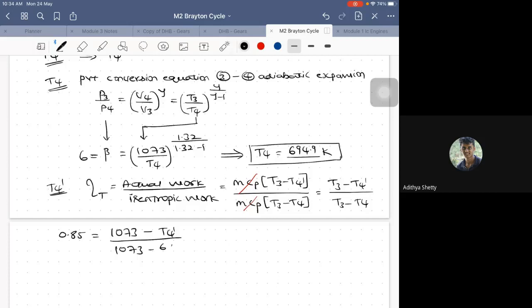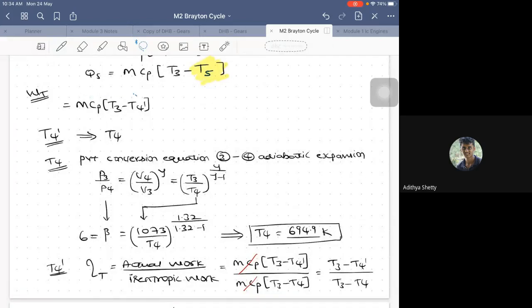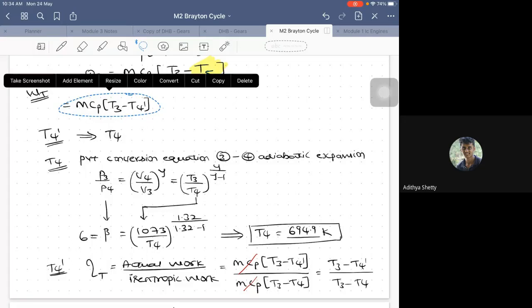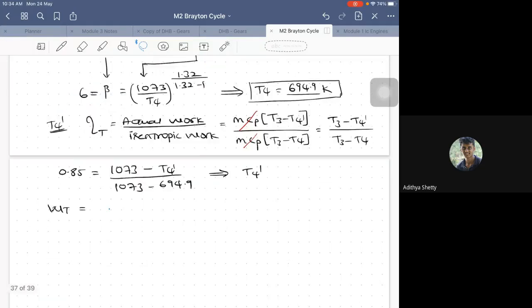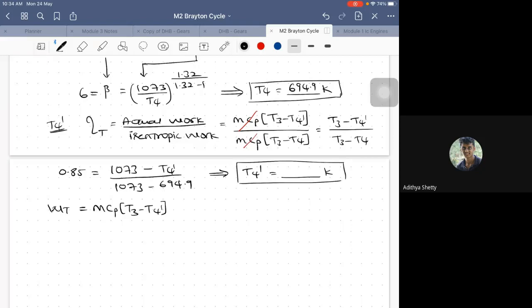From this, can you give me the value of T4 dash and hence the value of WT? 751.66. 751.66 is the value. Good.